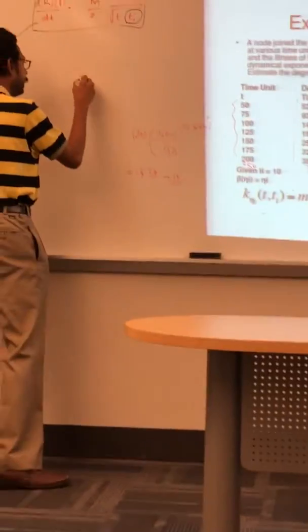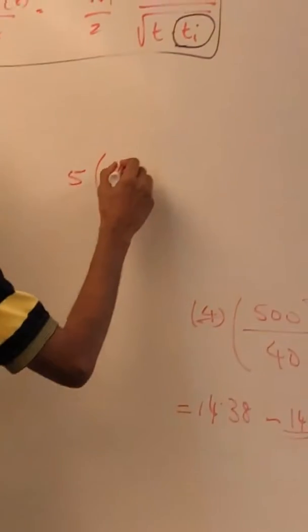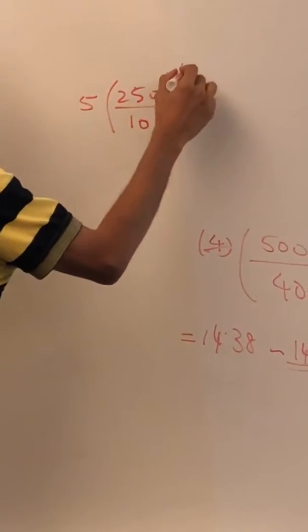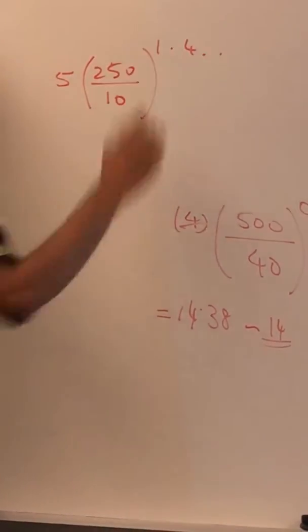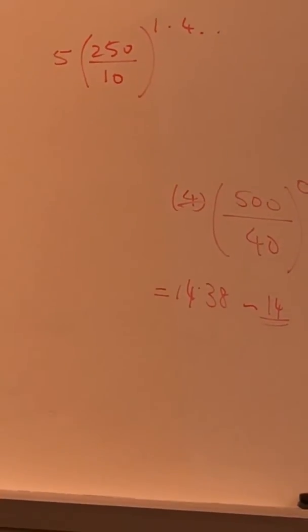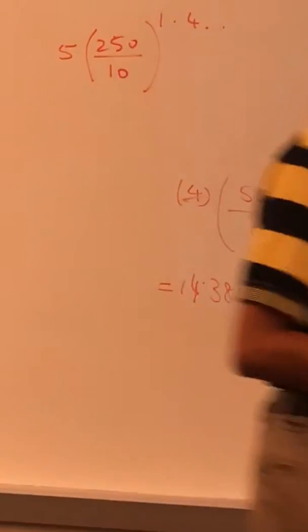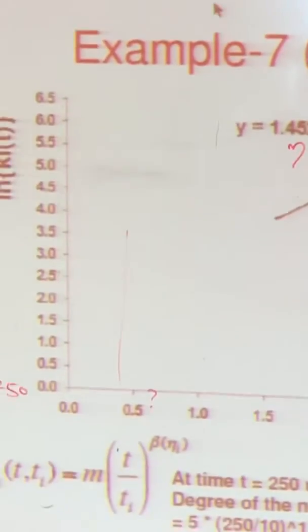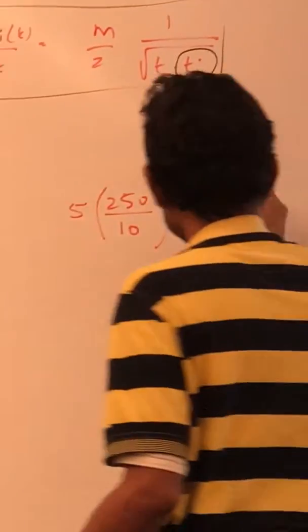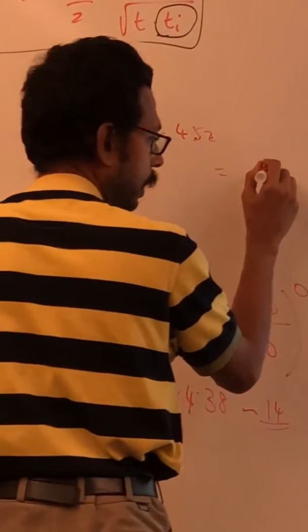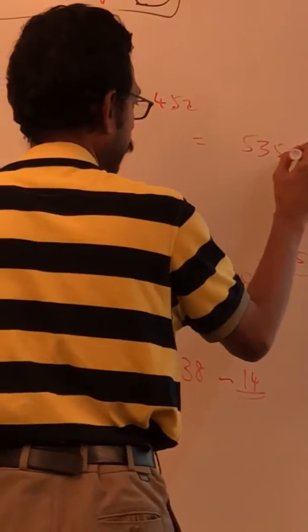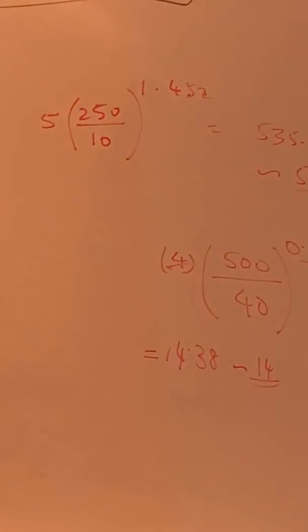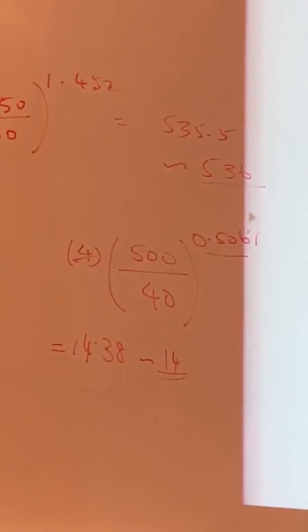So m is 5, t is 250, ti is 10, raised to eta, which was 1.4 something that we got. If you do the calculation, it will come out to be 535.5. Again, this is a degree value, so it has to be an integer, so 536.